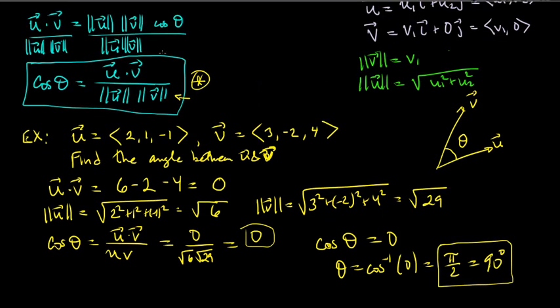Yeah, so it turns out these vectors, when you draw them, might look something like this. So if this is vector u, vector v will be at, well, I got it backwards, right? Because v is the longer vector. So this might be v here, and then this might be u. So the angle between them is indeed 90 degrees. It's a right angle.